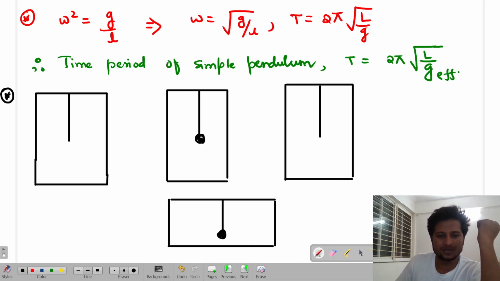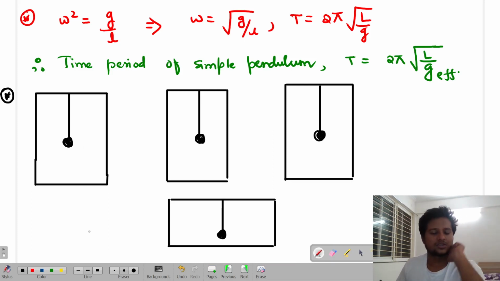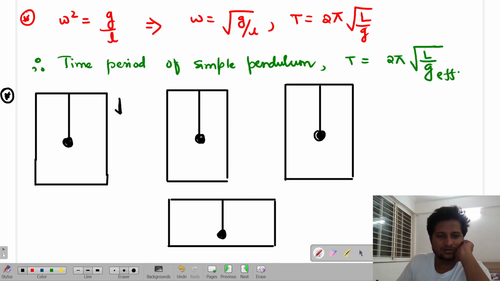Pendulum, pendulum, pendulum. Each one has mass m. This body is going down with acceleration a naught. Length of the thread is same in all the cases. Masses are also same.